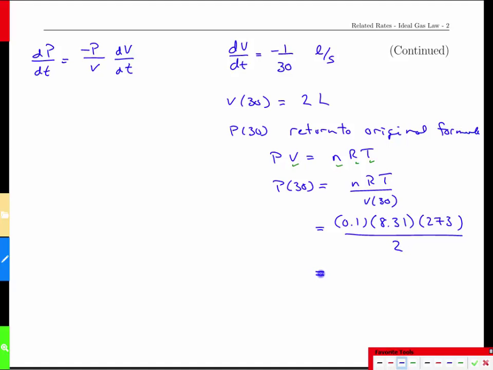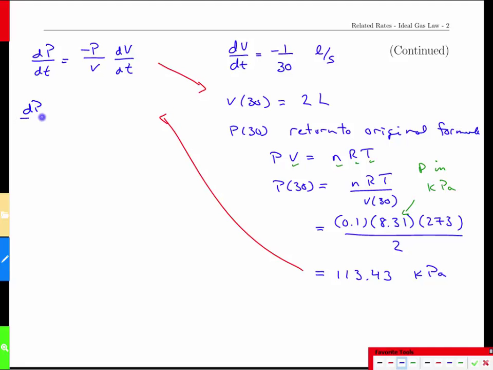If we multiply that all out, we get 113.43. And the units that go with this 8.31, the units of pressure are in kilopascals. So when we get this completed, we have a value for the pressure, and now we can sub in all of these values.